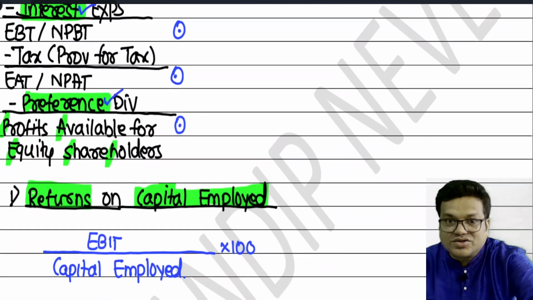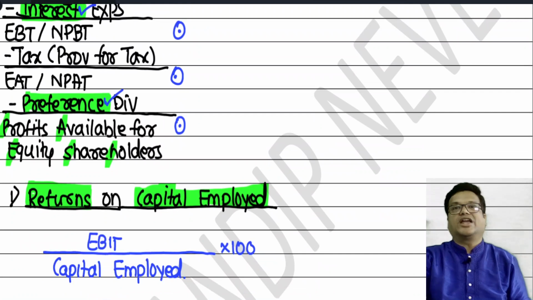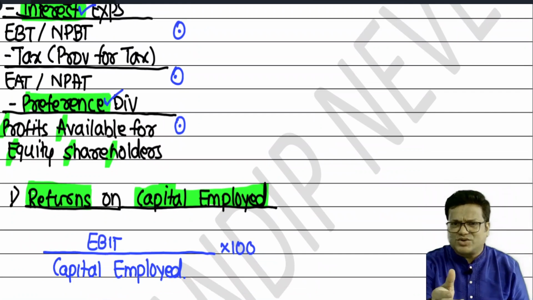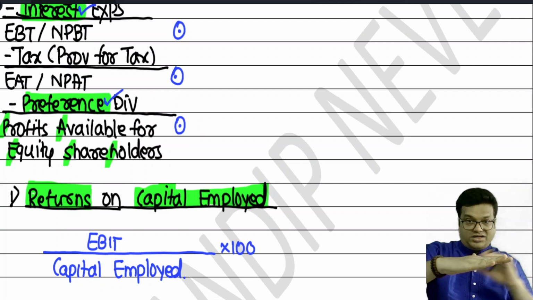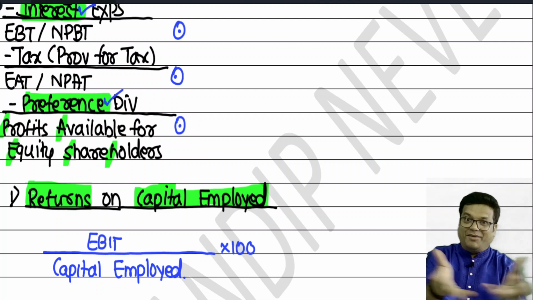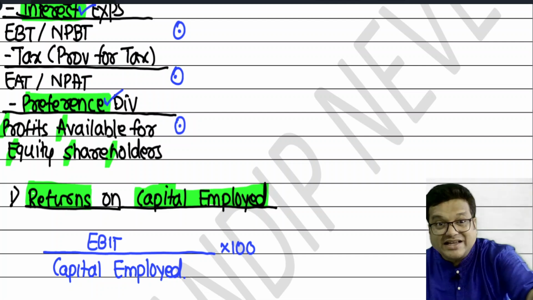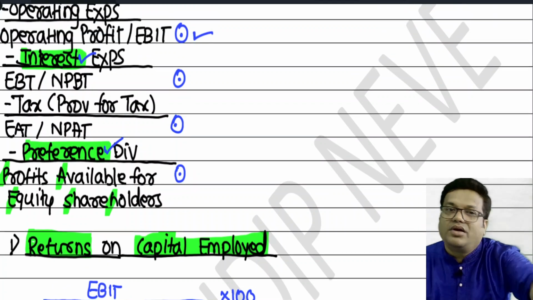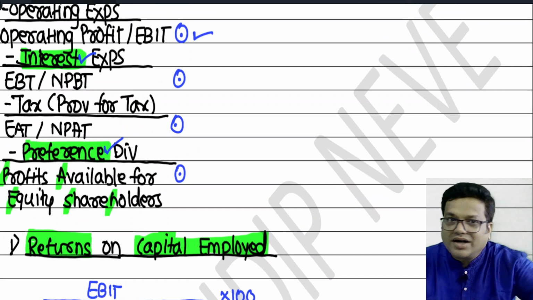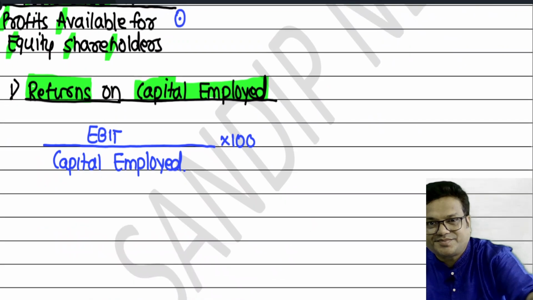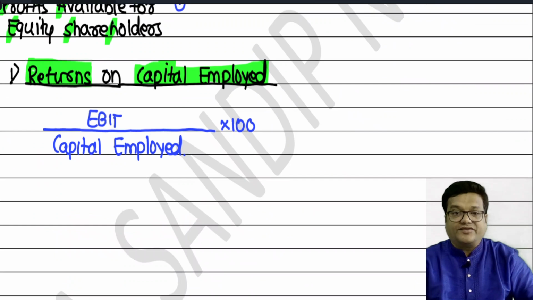I'm very sure after this you don't have to memorize this formula. The moment anybody says returns on capital employed, you know half the answer. Denominator is fixed. What is that? Capital employed. Numerator, you need to think, what is the best profit from where I start making payment to all these people? It is EBIT. That simple, guys. Okay. Now, let's proceed further.